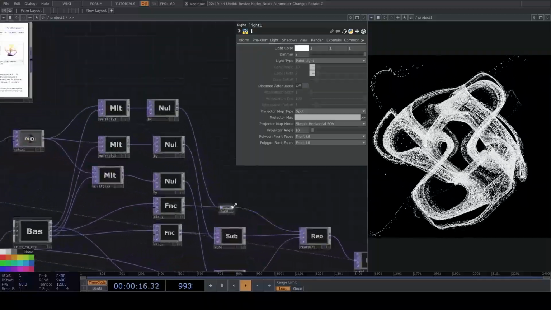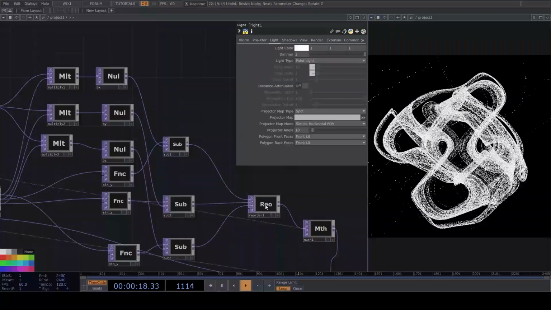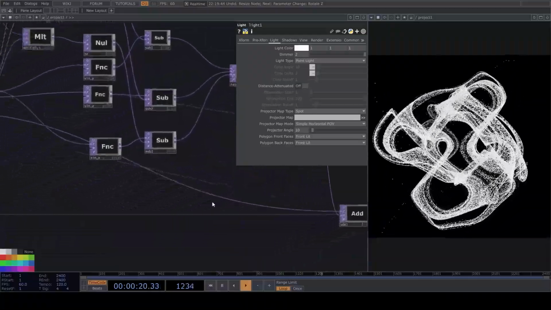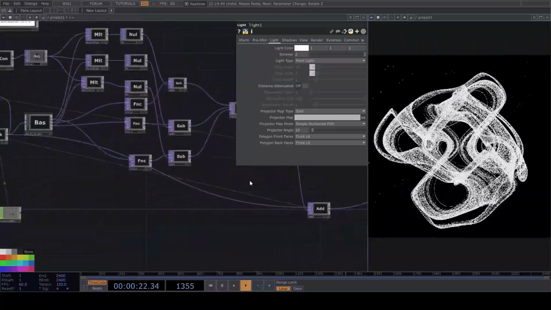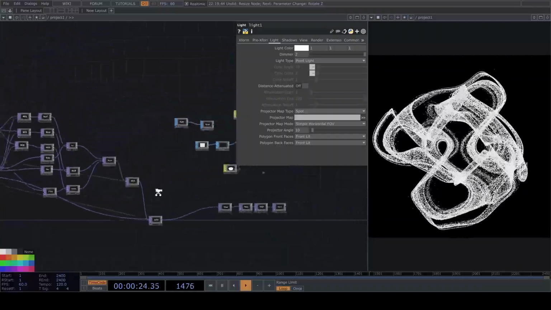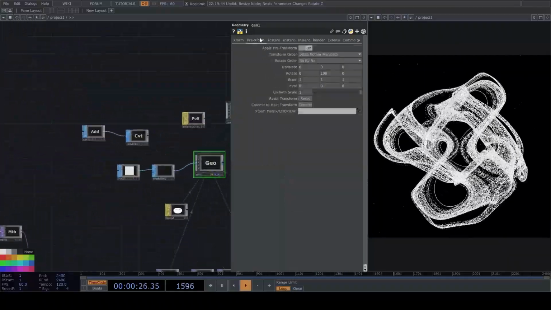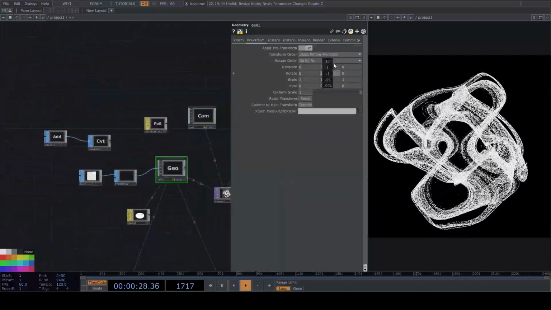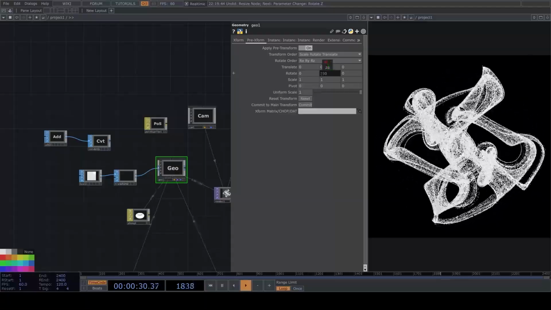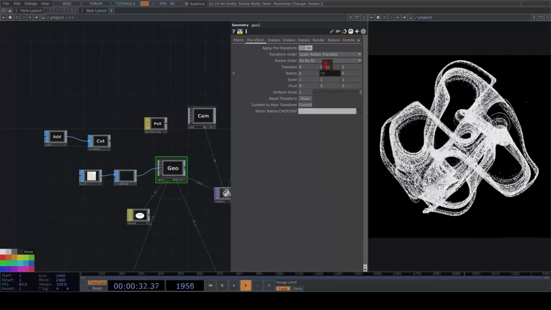We could combine different nodes, and now I want to show several ways how we could play with this nice attractor. It's already very beautiful, but it's a pretty simple generative system.